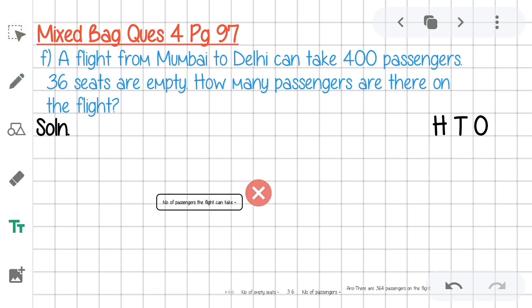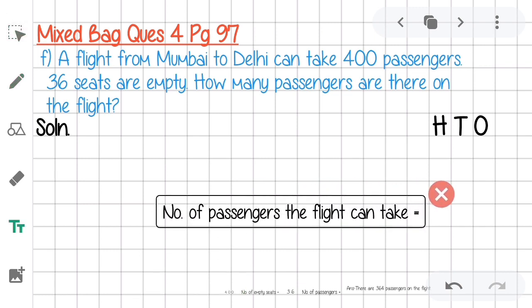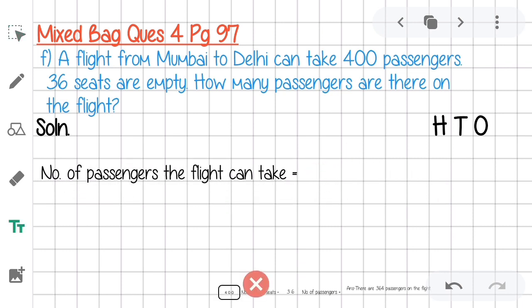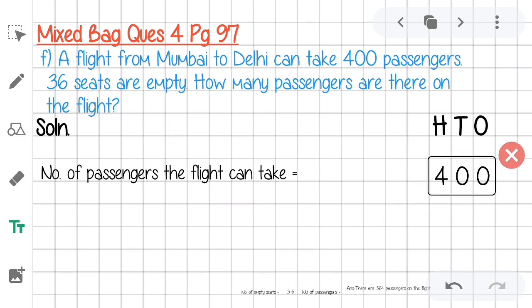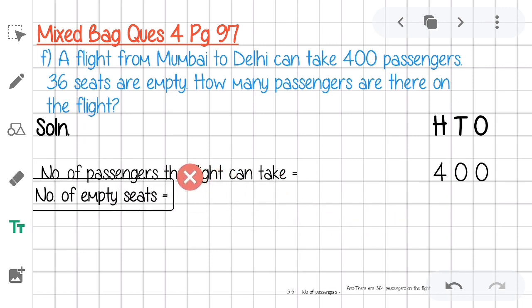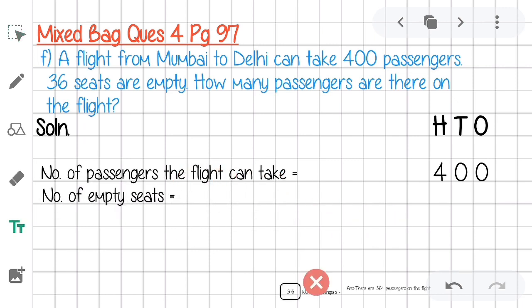The first step will be number of passengers the flight can take. And how many passengers can it take? It can take 400 passengers. So we'll write 400 in the last 3 blocks. Now the next step will be number of empty seats. And how many seats are empty? We can see 36 seats are there which are empty.